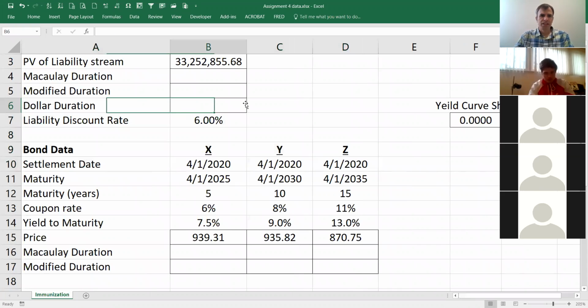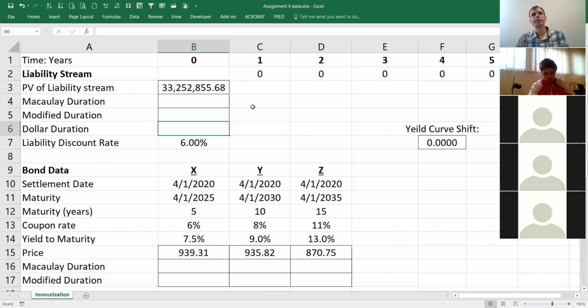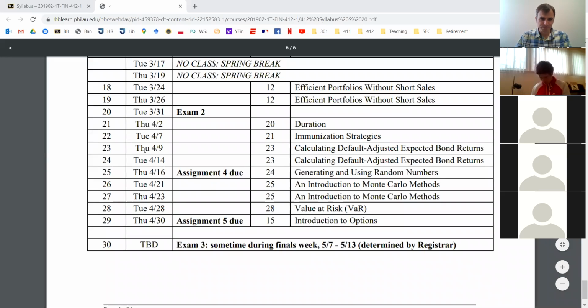Sure. Any other questions right now? Nope. Okay. We're doing okay with, as we look back at the schedule, let's check out the material that we're talking about this week. There's some matrix operations in the default adjusted expected bond returns chapters. If you kept up with the matrix operations earlier in the class for portfolio management, hopefully this is manageable.